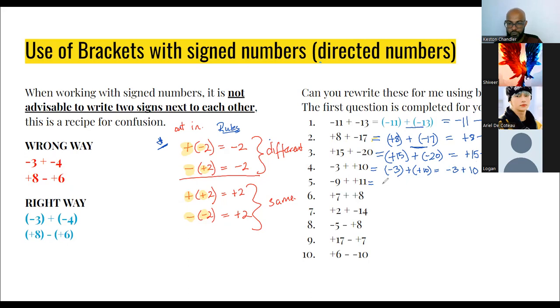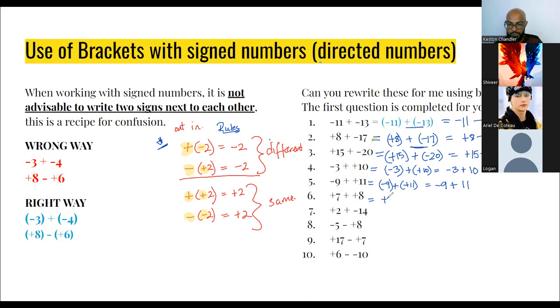Next one, we're going to put this in our bracket as well. And you have a plus, another plus here. This is going to be a negative. My rule here says that that's going to be a plus. That's what we're going to get.